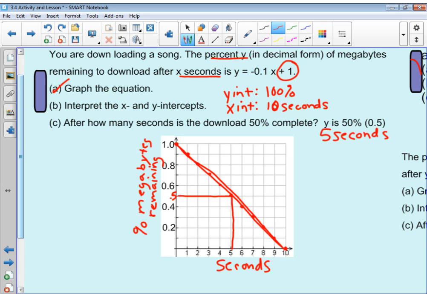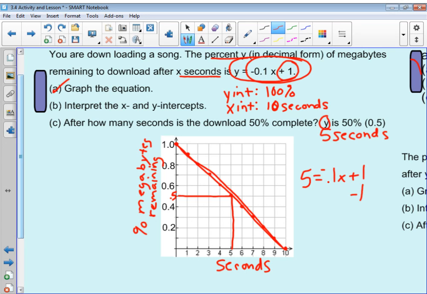Okay, if you're not able to read the graph, or maybe you're using your graph and you don't have it set up as 1/10, then you could substitute in 5 where y is. So if I take this equation and put 5 where y is, 5 equals negative 0.1x plus 1.